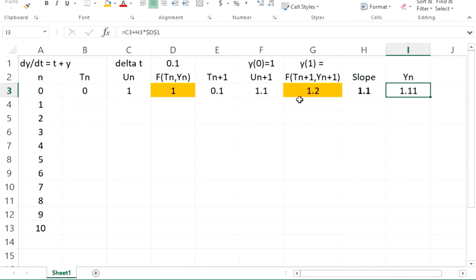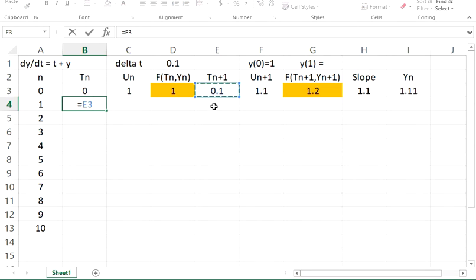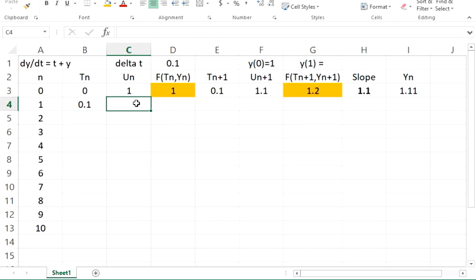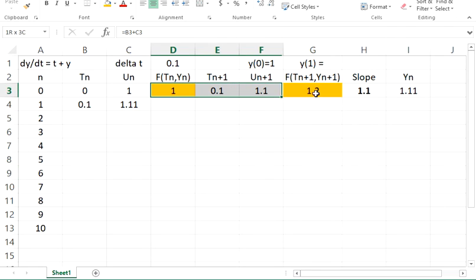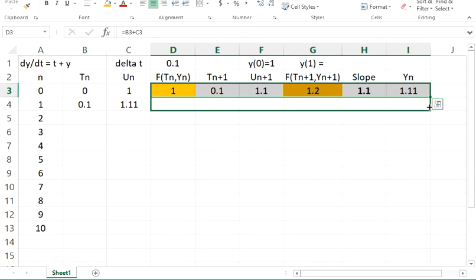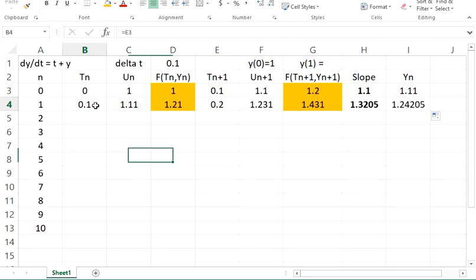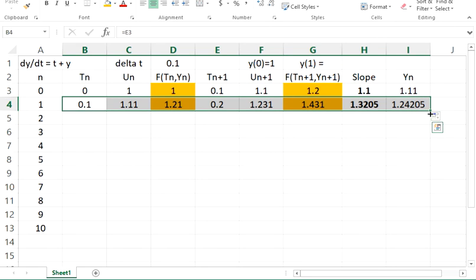Now when we go back here, my new t is actually this t from here, because we are going up by 0.1. So back here we could set it equal to this tn plus 1. And my u1, we're going to use as my previous yn, so this is going to be equal to my previous y1, this one here. And really the rest of this could be just copied and brought down like that. Once you take one row like that, you could bring down the entire thing.